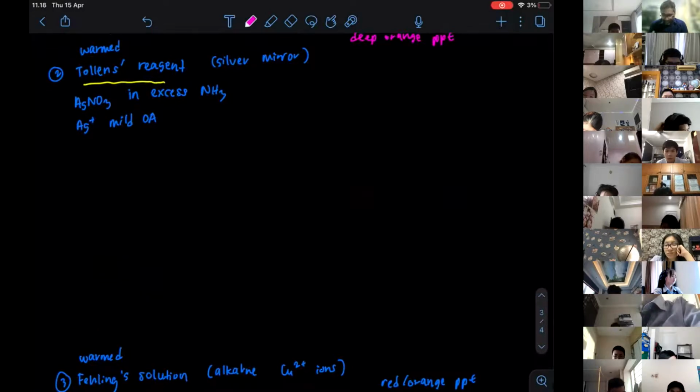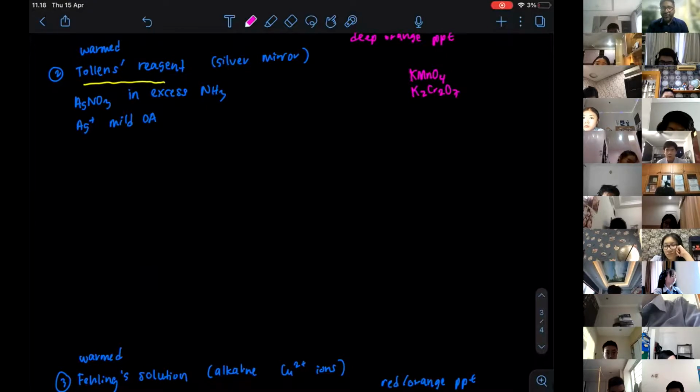When we say oxidizing agent, we always refer to KMnO4, acidified K2Cr2O7. These are the very strong oxidizing agents in our chemistry lab. But there are also mild oxidizing agents. The mild oxidizing agents are this Tollens and also Fehling. Okay, mild.